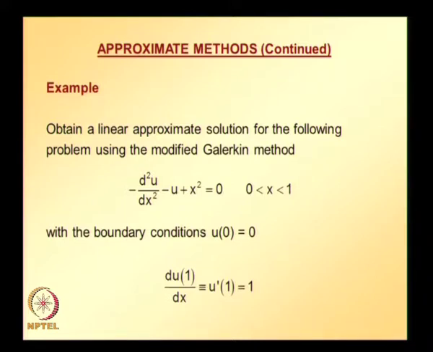So, basically in the modified Galerkin method, we take the given differential equation and define the residual. We multiply that residual with the weight function, which is the partial derivative of the trial solution with respect to the unknown parameters, integrate over the problem domain, in this case from 0 to 1, and equate it to 0.